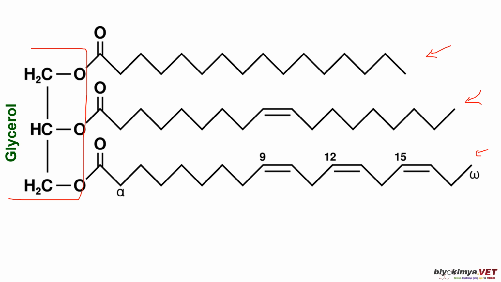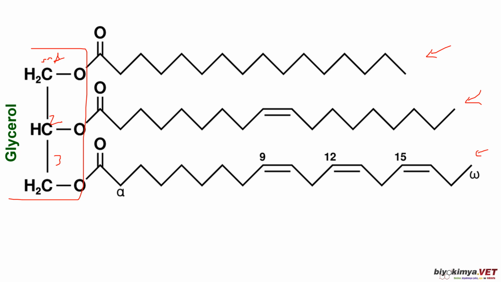And now it's easy to say the fatty acid attached to the first carbon, SN1, is a saturated one, and the second and third are unsaturated ones, and even the third one is a polyunsaturated fatty acid.